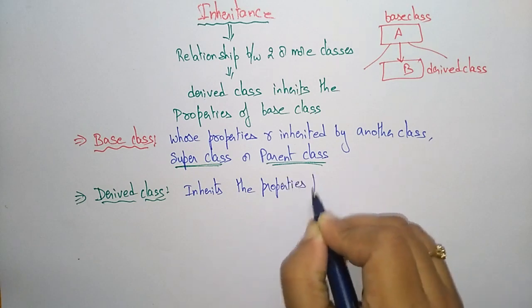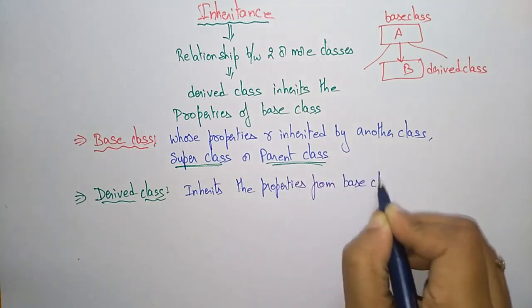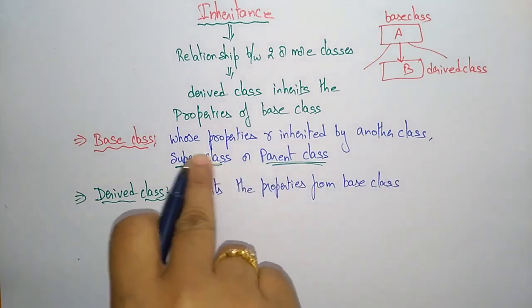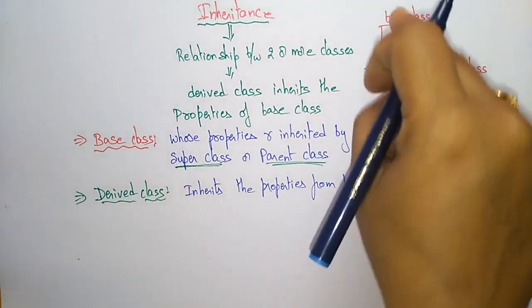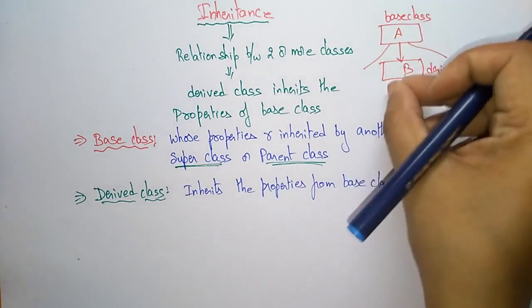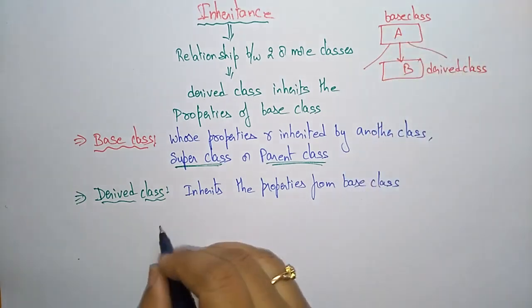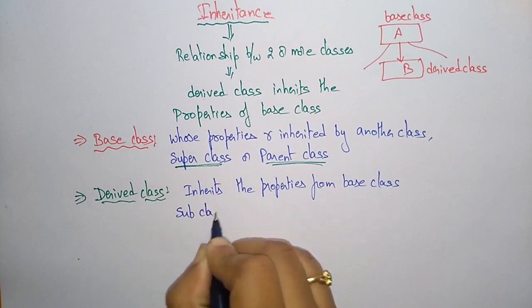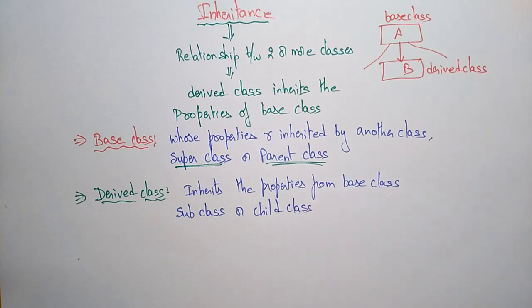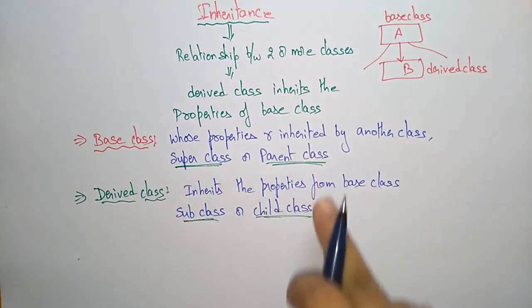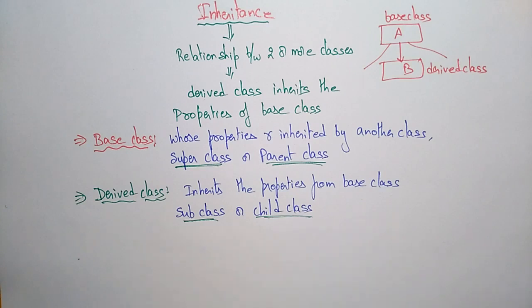It is also called a subclass or child class. So base means super, derived means sub. Base is the parent class, derived is the child class. I hope it is clear what a base class and a derived class are.